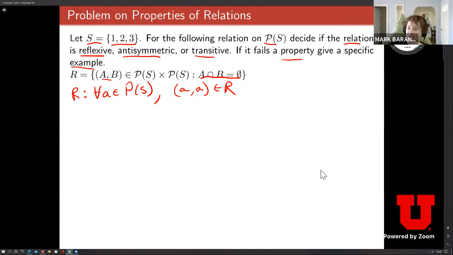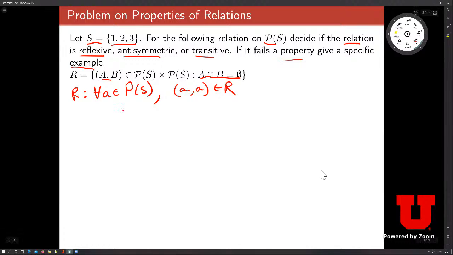So does everything point to itself? It does not. Does anyone want to volunteer a counterexample to this?